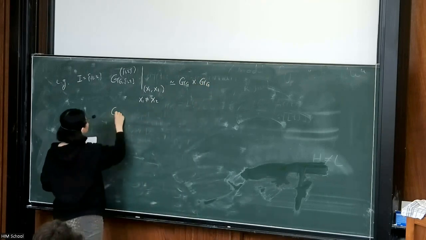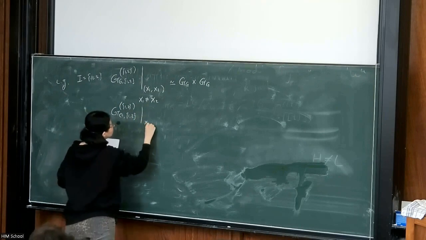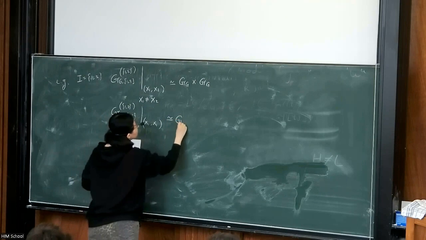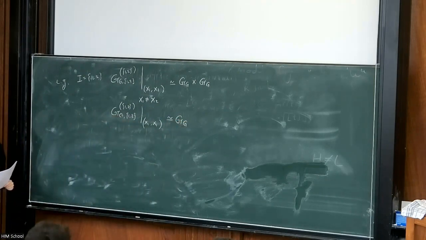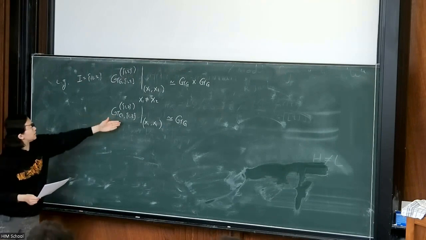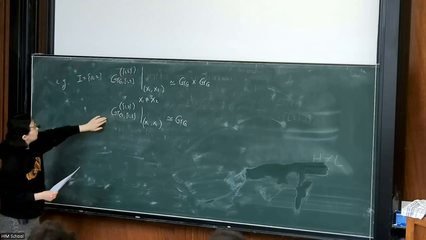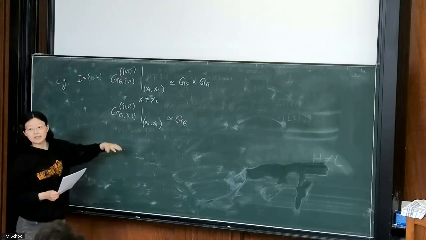And when the points are the same, the fiber is just one affine Grassmannian. Because this classifies that you have 2 points and the modification outside the point.